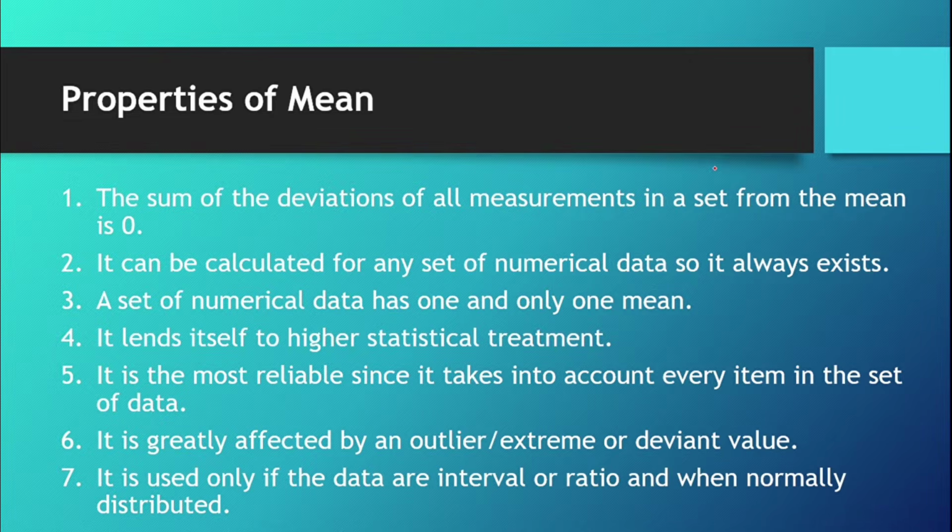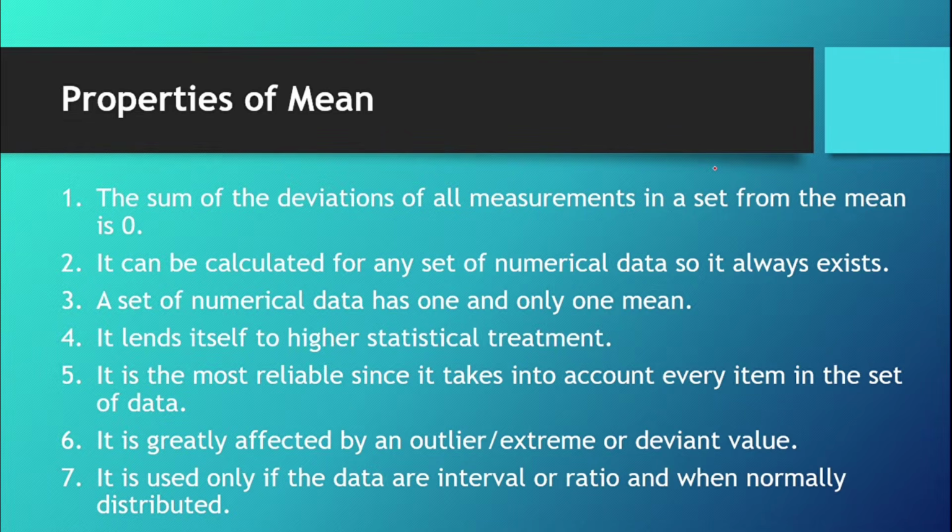And number 6, it is greatly affected by an outlier or extreme or deviant value. Meaning to say, the mean can be easily affected when there is an outlier or extreme values.